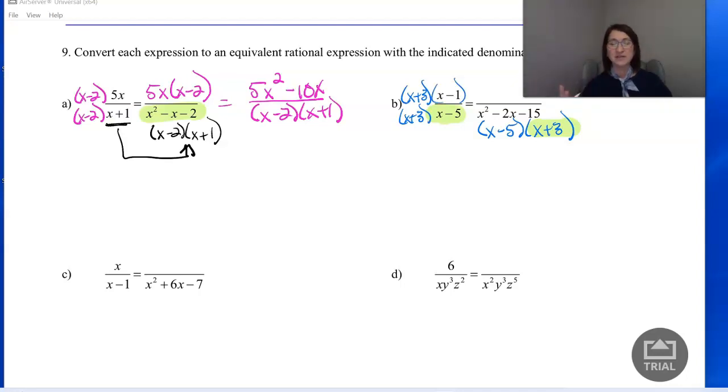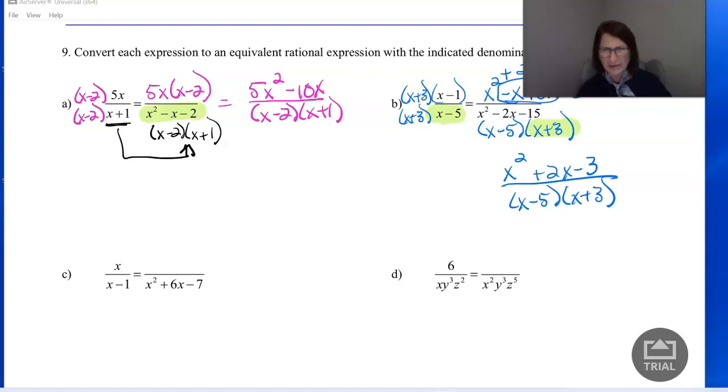As I multiply those, that's going to give me x squared minus x plus 3x minus 3. I can combine my like terms here to give me a 2x. So it's x squared plus 2x minus 3 in the numerator. I could clean that up a little bit: x squared plus 2x minus 3 over x minus 5, x plus 3.